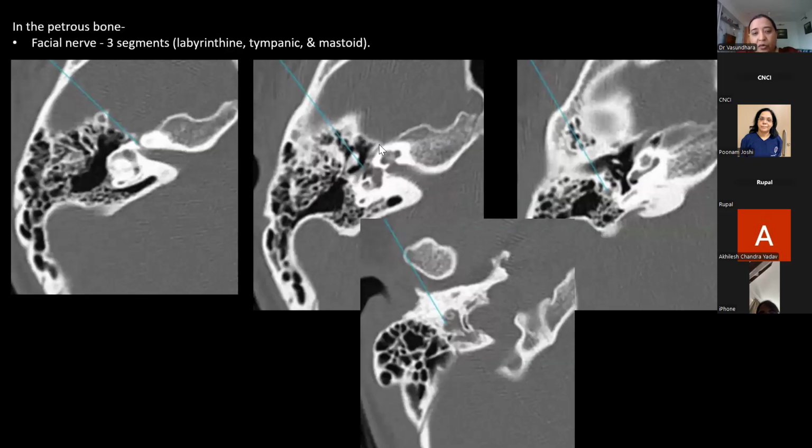On CT, this is the course of the facial nerve. It comes out through this tunnel, forms the first genu, and here it gives the branch of the Vidian nerve. Then it travels behind, this is the tympanic segment, takes the second bend over here at another 90 degrees, and comes down and continues as the mastoid segment and finally into the stylomandibular foramen.